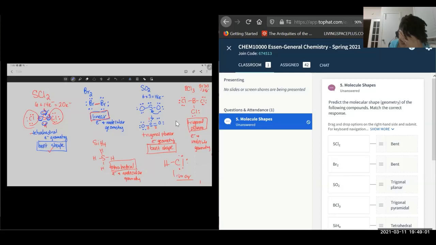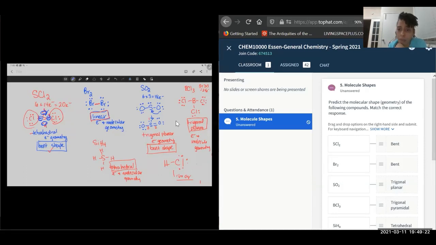Only 2 of those groups are bonded. The others are lone pairs. So it doesn't matter whether they're bonded or lone pair.